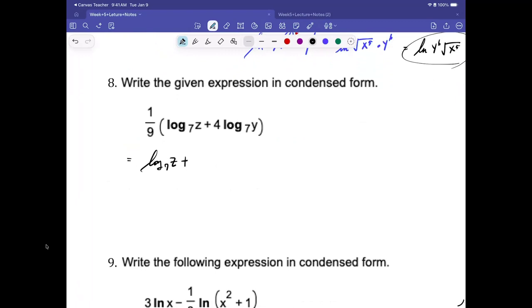You know what? Let's do inside first. So this one, bring to that exponent. So this is log 7 z y to the fourth, like that.